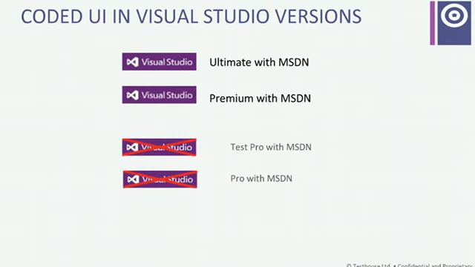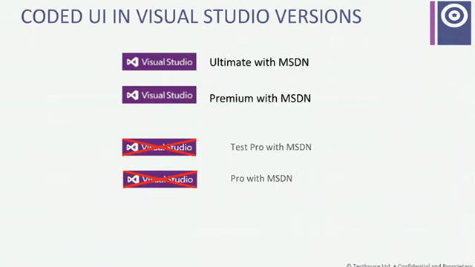What kind of licenses do you need to do Visual Studio Coded UI? Ultimate or Premium, really. So it's the higher end of the licensing scale that you need to be able to use this particular facility. But it really does shorten the life cycle of your testing. With this tool, you can save a lot of time, especially with your regression testing.